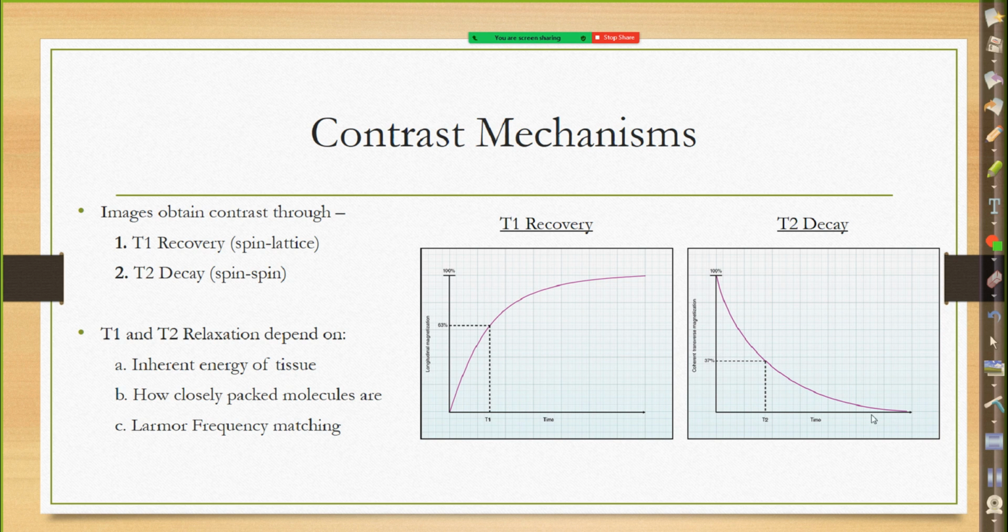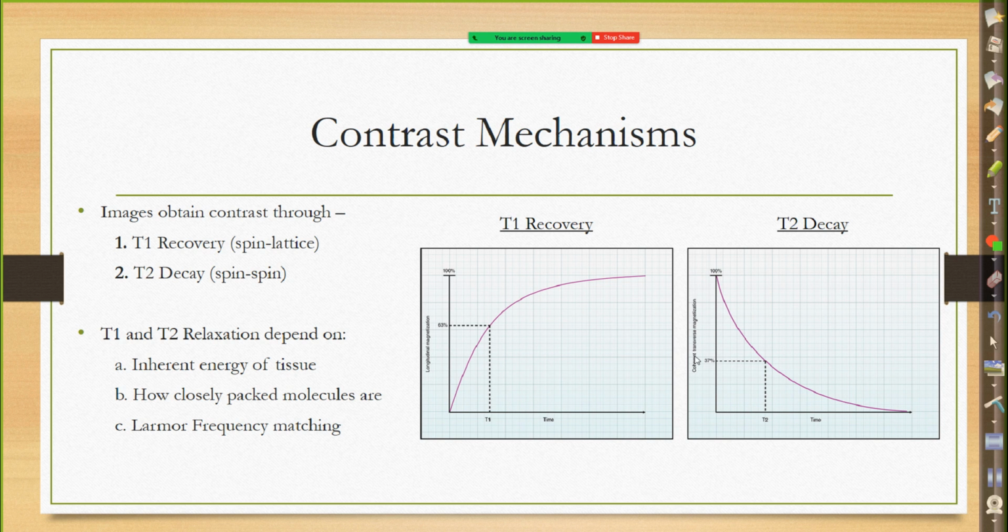And you can see here the x-axis for both is time. But take note at how the y-axis is labeled for each of these. T1 recovery, the y-axis is the longitudinal plane, or longitudinal magnetization. And then the T2 decay, the y-axis is the transverse magnetization plane.